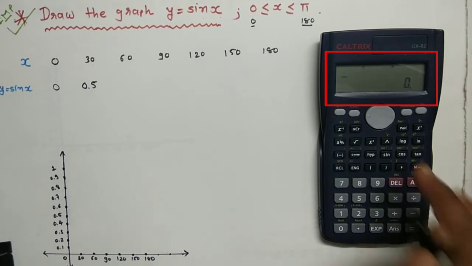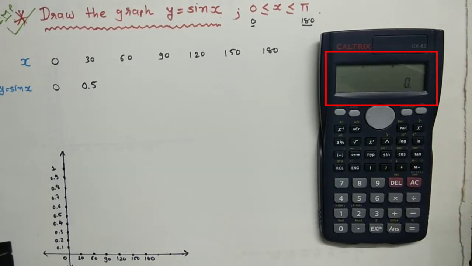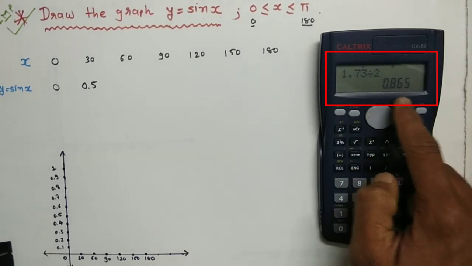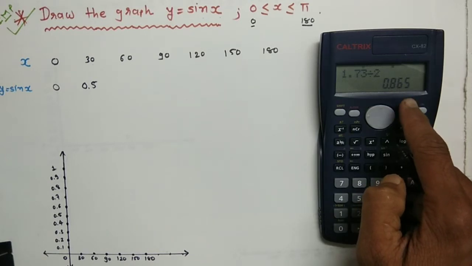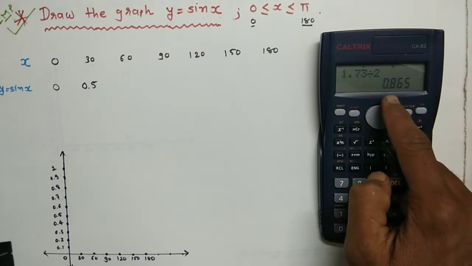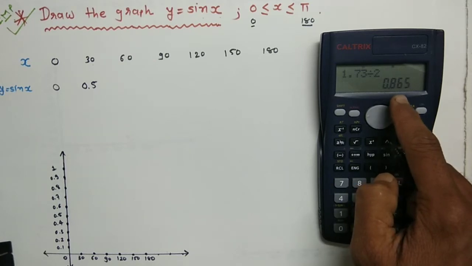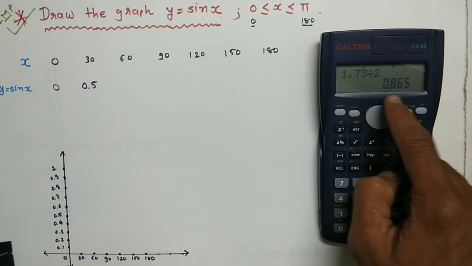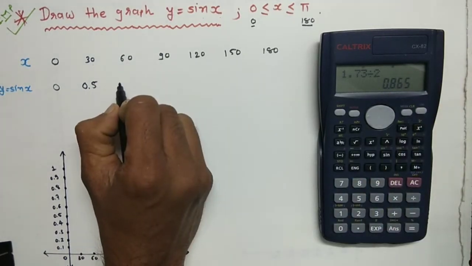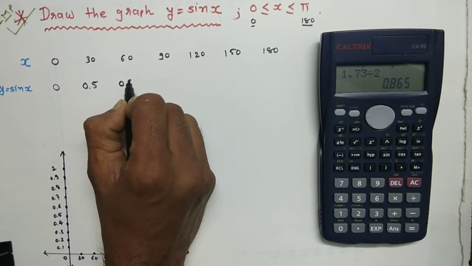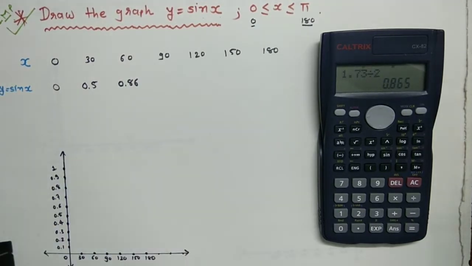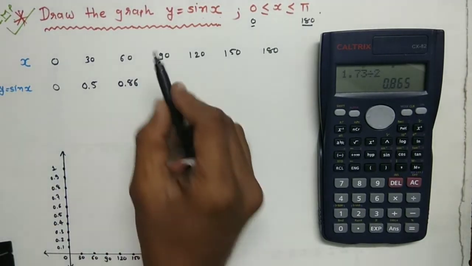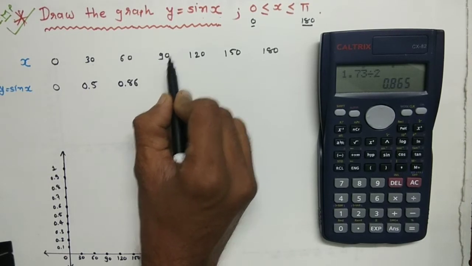Root 3 means 1.73 divided by 2, that is 0.865. You can calculate in a simple calculator the value of root 3 by 2. We write only 2 digits, 0.86.